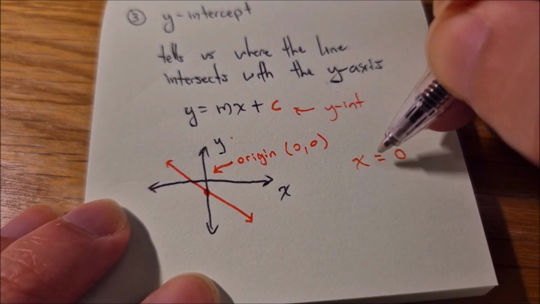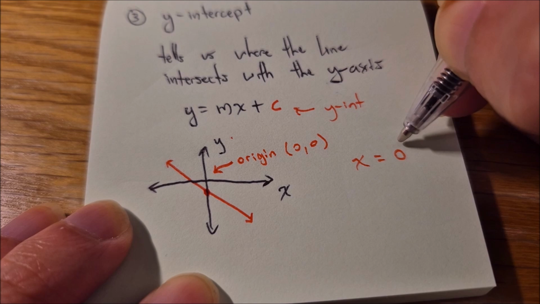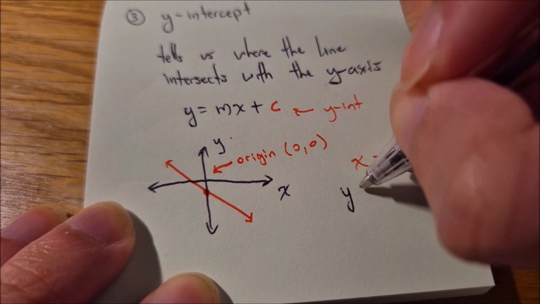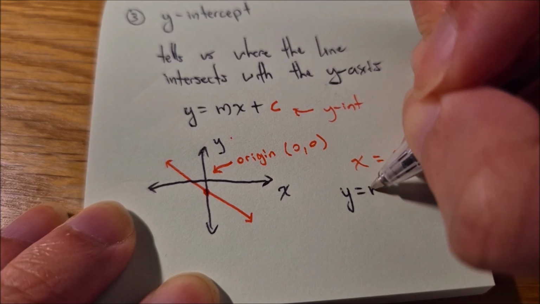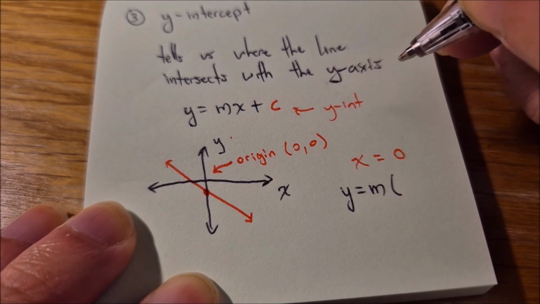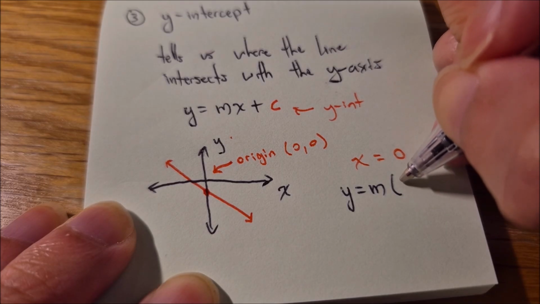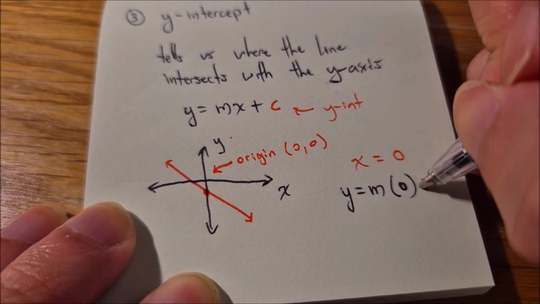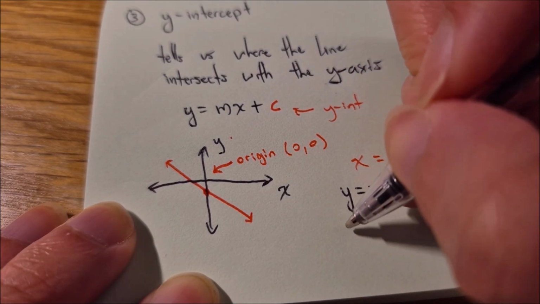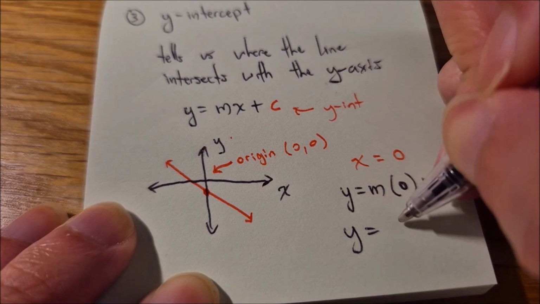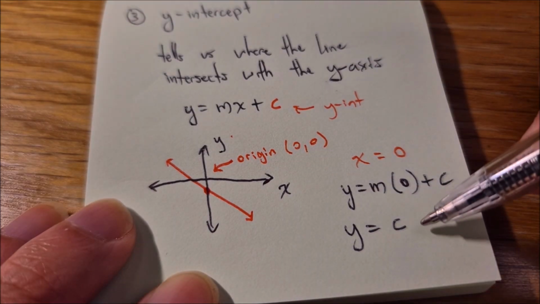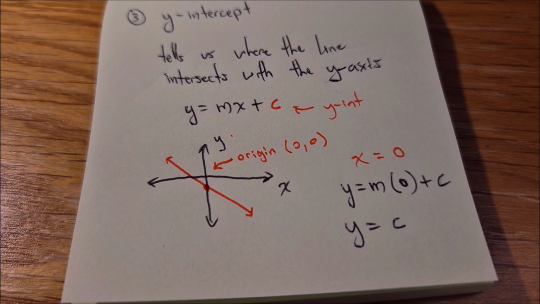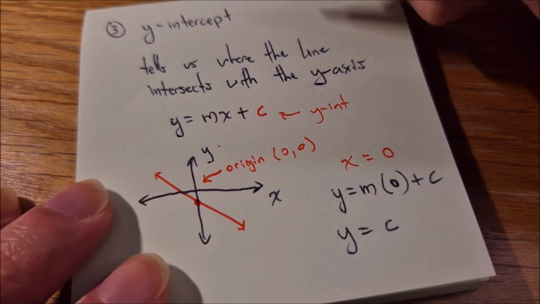And if we substitute x equals 0 into this equation we have y equals m times x, which is just 0, plus c, and we are left with y equals c, and c is nothing but the y-intercept, right? That's all there is to the y-intercept.